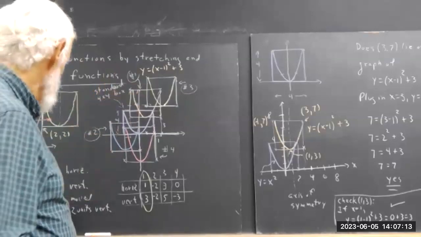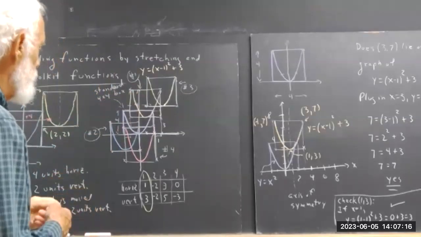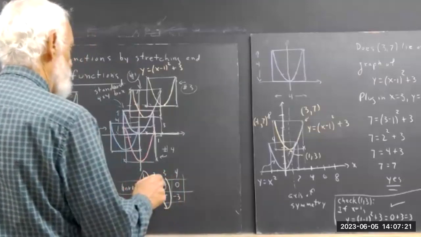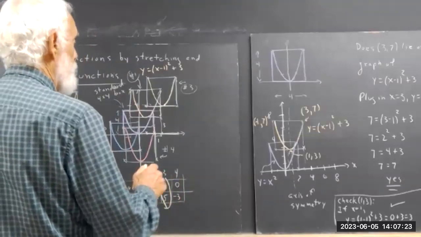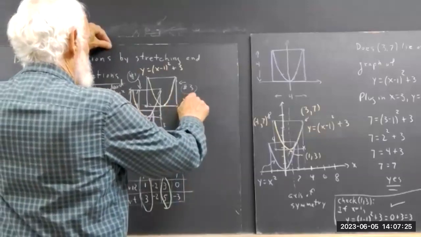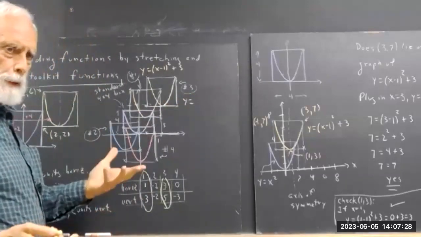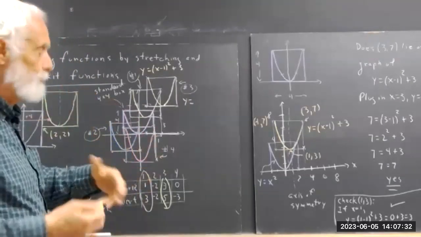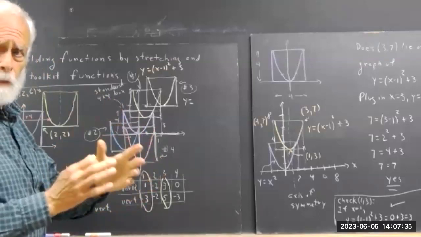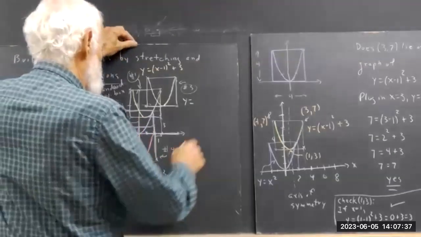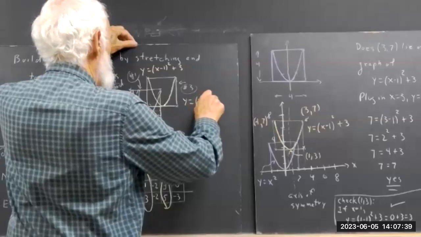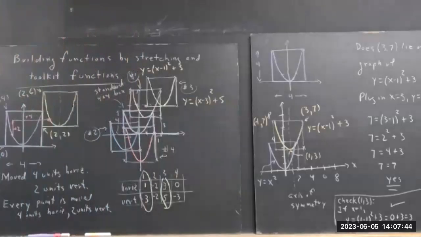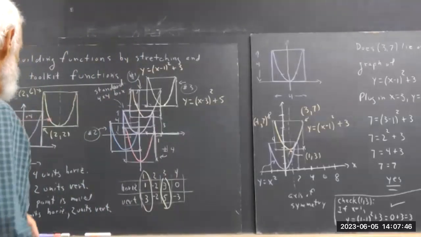There's number 3. Instead of 1 and 3, we had 3 and 5. So think about it. What's it going to be? Put it down. If you're wrong, I'll correct it. But have an opinion before you see the answer. So we have Y equals quantity X minus 3 squared plus 5.